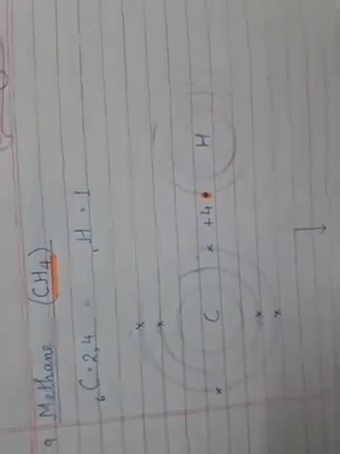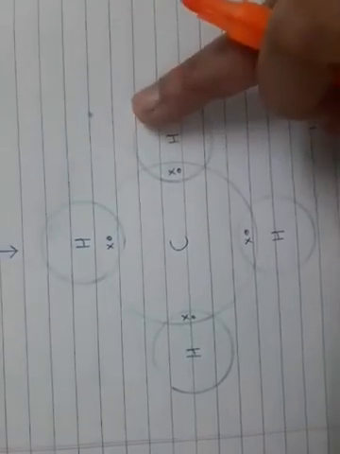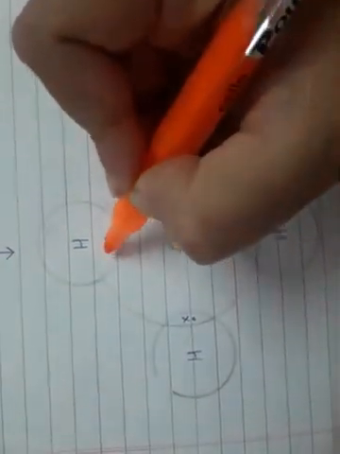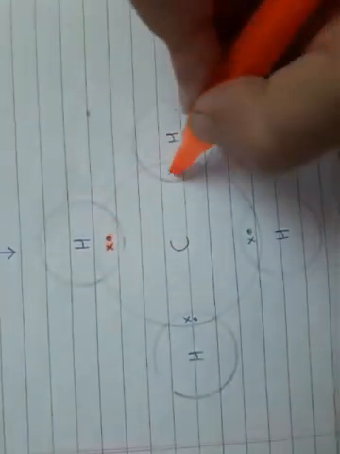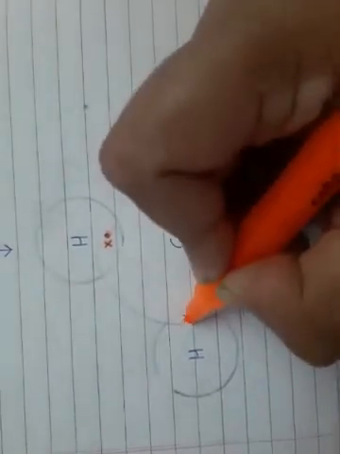When you show the structure, draw the carbon atom in the middle, 4 hydrogen atoms, and there is sharing of 4 pairs of electrons, children.